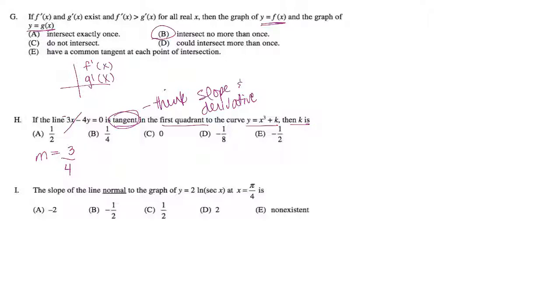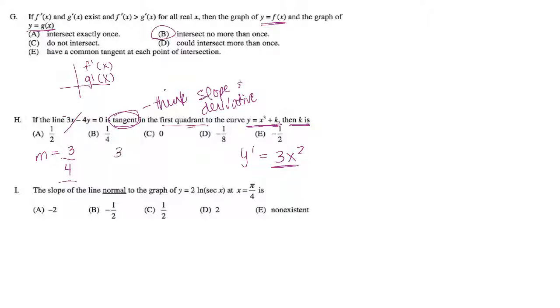And so when we find our derivative over here, so that we're tangent in the first quadrant to this curve, then K is equal to what? So let's do our derivative over here, and we see that we have y prime equals 3x squared. And so let's set 3x squared equal to 3/4 and see what happens.